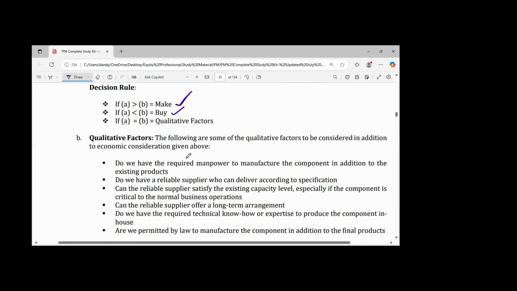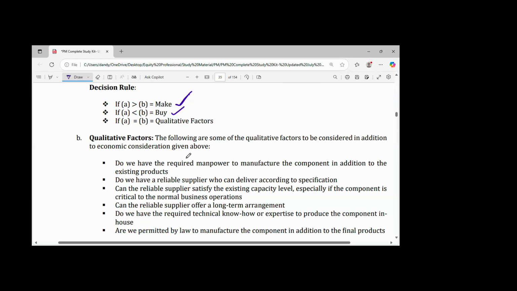If you decide to manufacture the component internally, what are the factors you need to take into consideration? That's number one. Number two, if you decide to purchase or contract the component to an outside supplier, what are the factors you need to take into consideration?